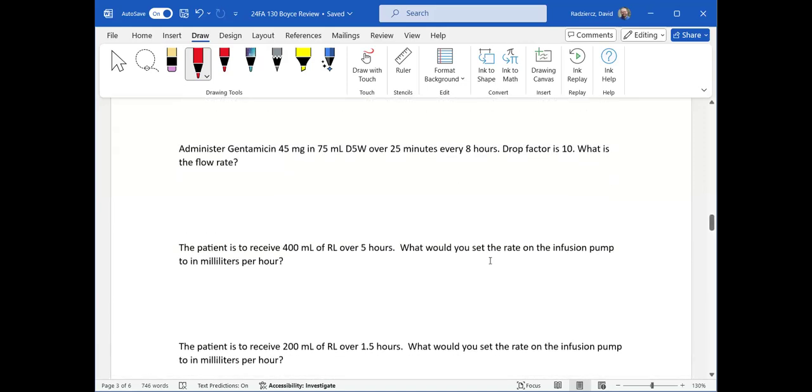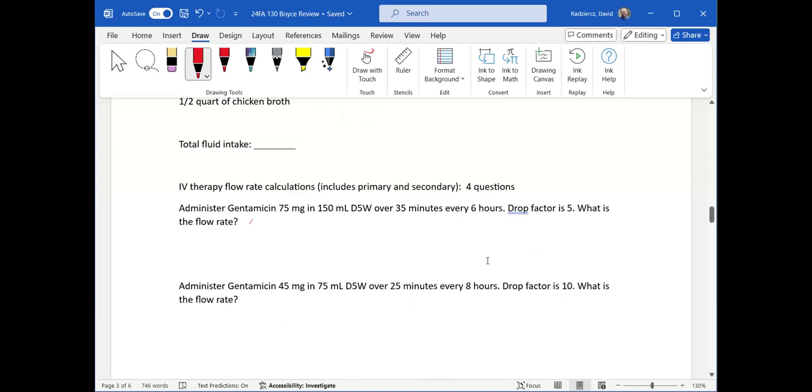All right. So let's do some of these drop factor questions. With drop factor questions, we're just adding an additional piece of information to calculate a flow rate that's going to be in drops per minute. Usually we're adding, via IV piggyback, a medication to an already ongoing infusion, meaning I might have somebody on a saline solution, obviously for hydration purposes, and then we're going to add in some things.